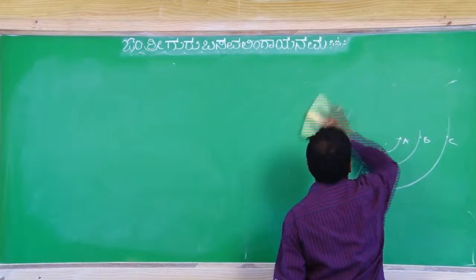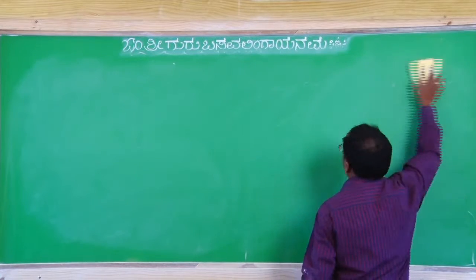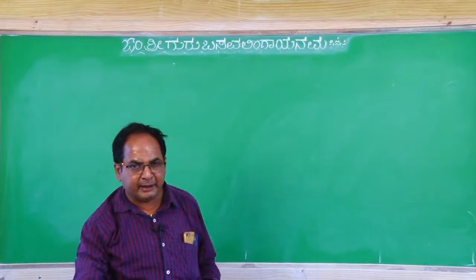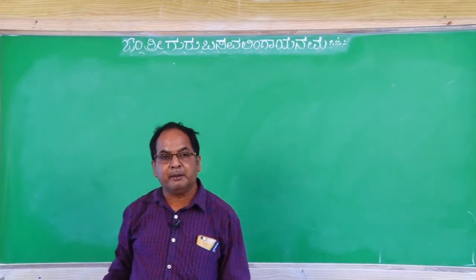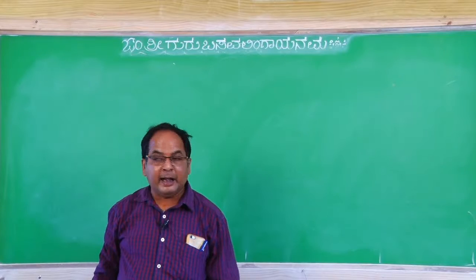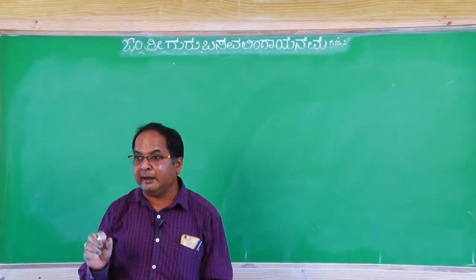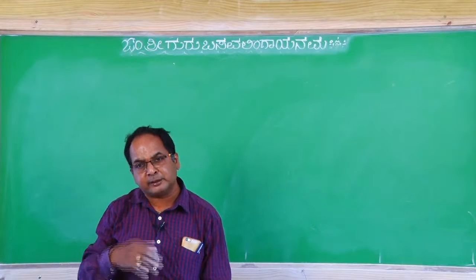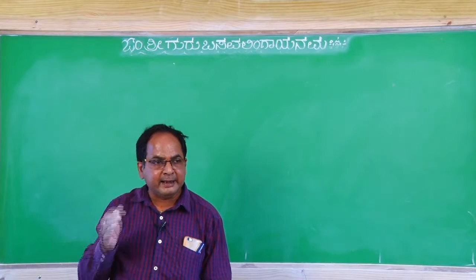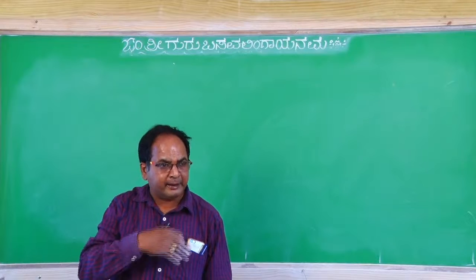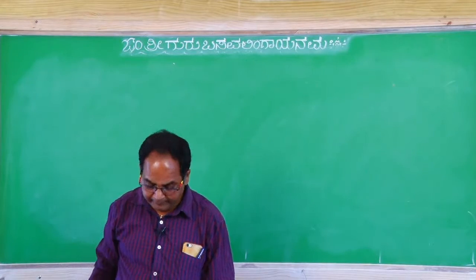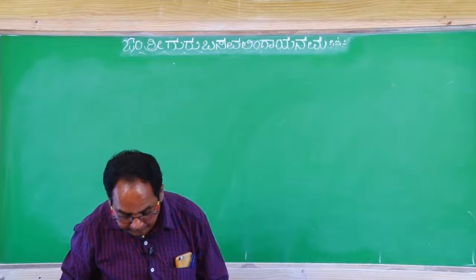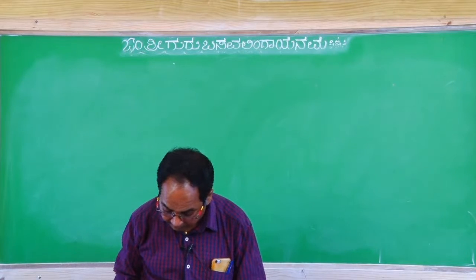What you should remember, in the case of concentric spheres, at any point you are calculating the potential, charge will be accumulated at that point. Which charge? Inside charge. Outside charge as it is, but inside charge should be accumulated, means we should add. Okay. Next one. Now another one.